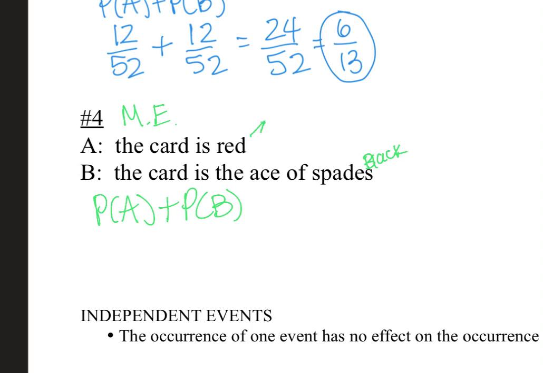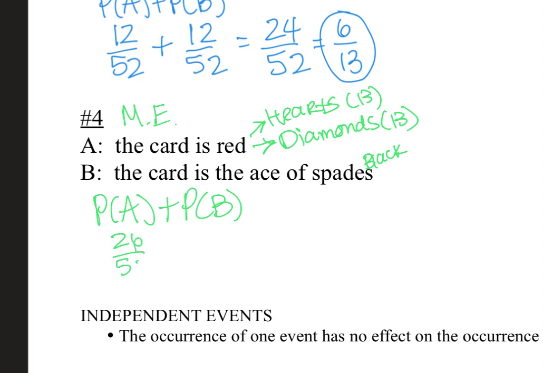Okay, so the red suits are hearts and diamonds, and there are 13 of each. Okay, so you're going to say 26 out of 52 cards are red. Probability of B, so the probability that you have an ace of spades, well, there's only 1 ace of spades. So you have 27 out of 52. And there's your answer.